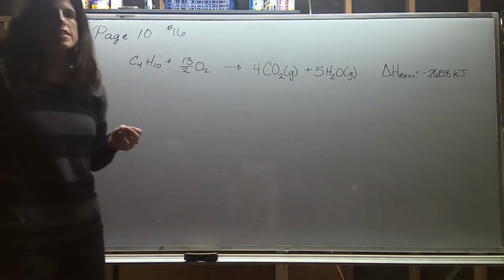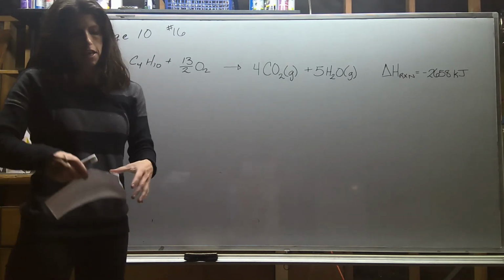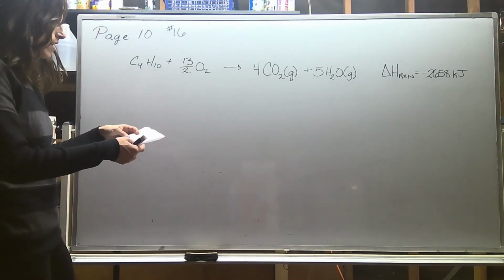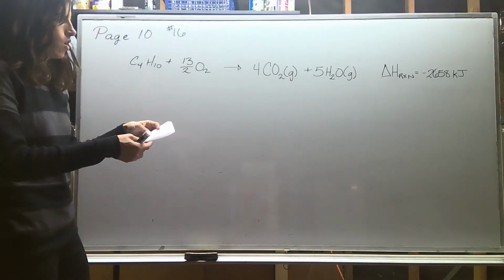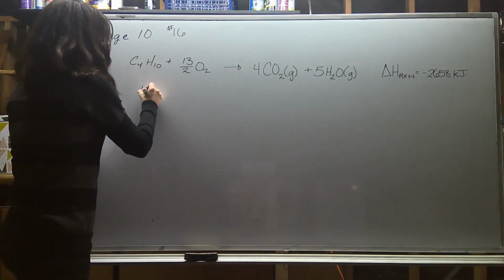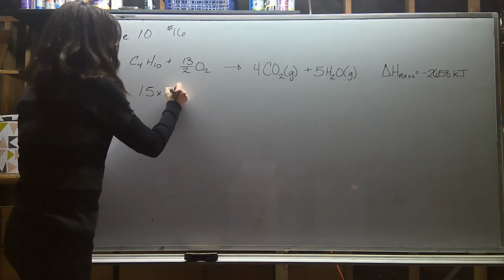Alrighty, so number 16 is a tiny bit different in that we're starting with the amount of heat. So they gave us the fact that 1.5 times 10 to the 3rd kilojoules of heat was produced.